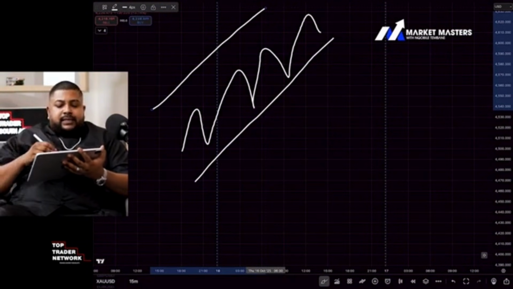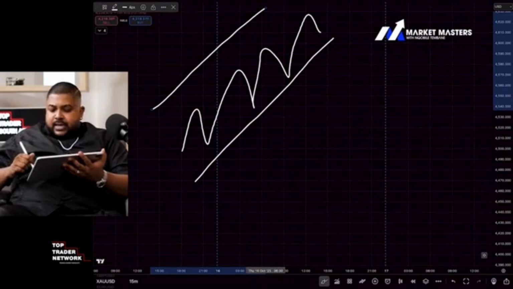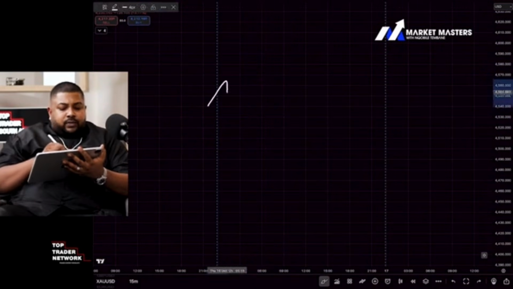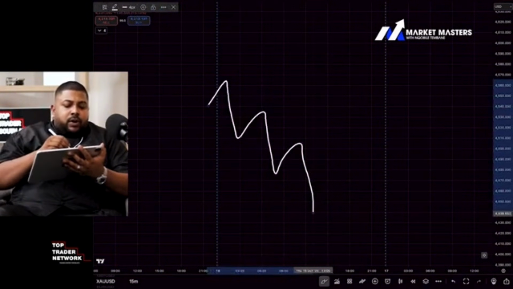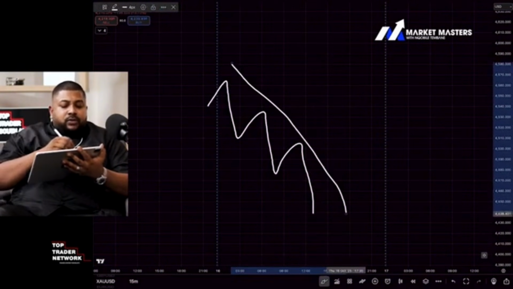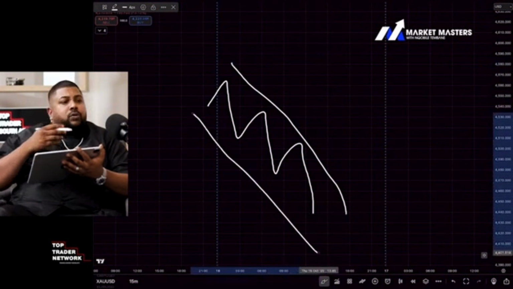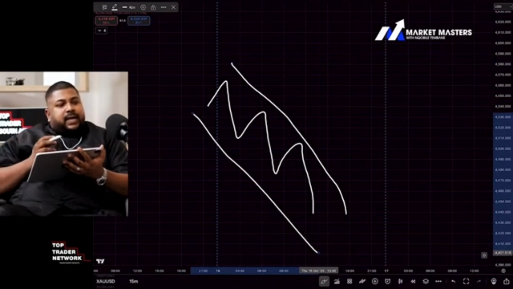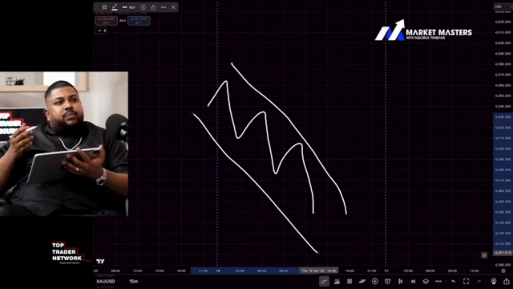The reverse of that is a downtrend, which is lower lows and lower highs. That's also called a bearish market, and you want to take sell positions in those scenarios or phases.